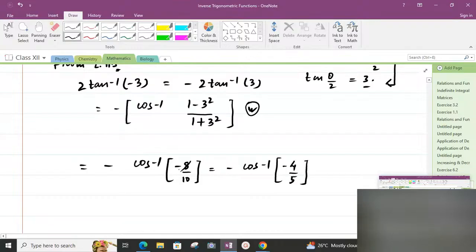The 2 cancels: 2 fours are 8 and 2 fives are 10. Hope there is no problem to understand up to this step.